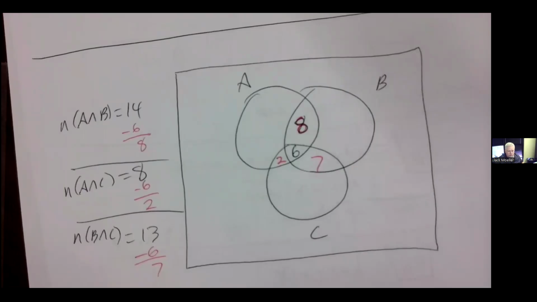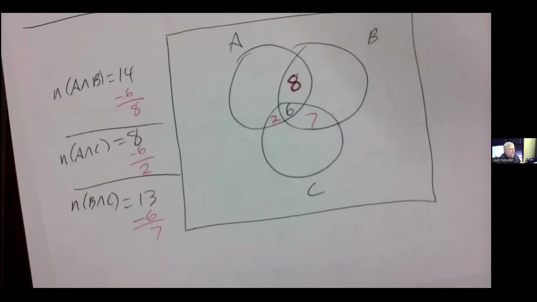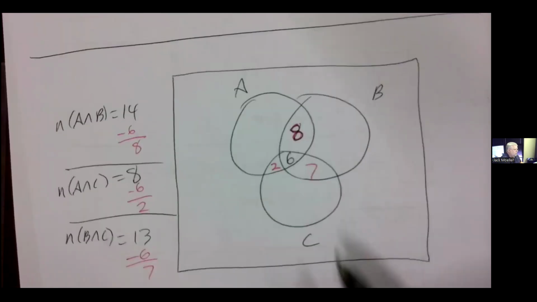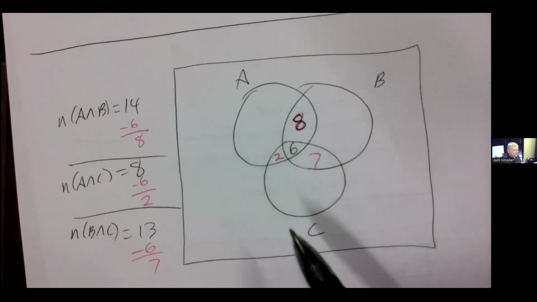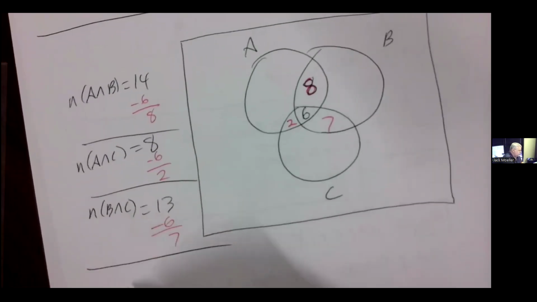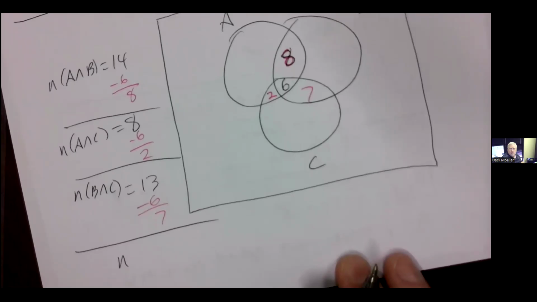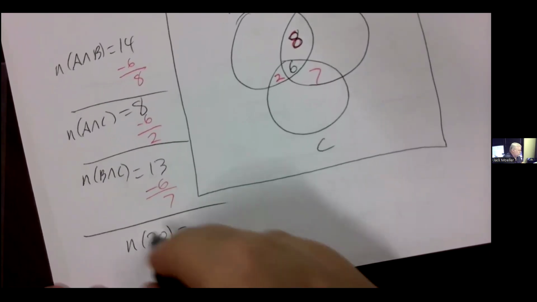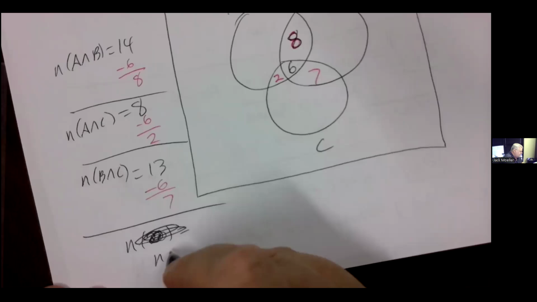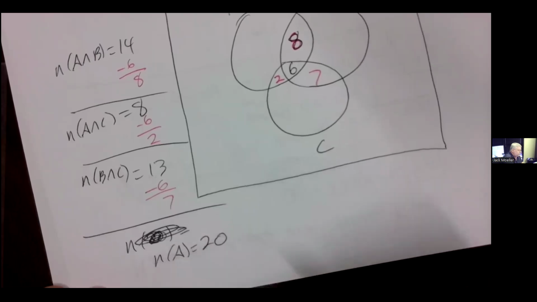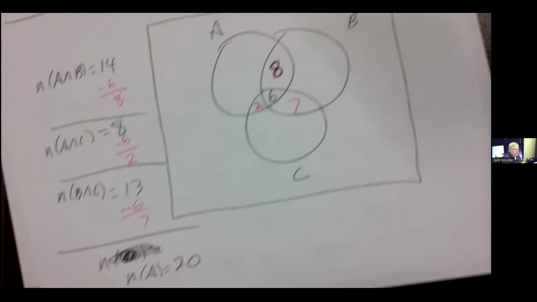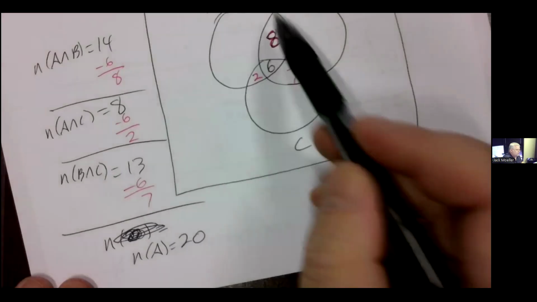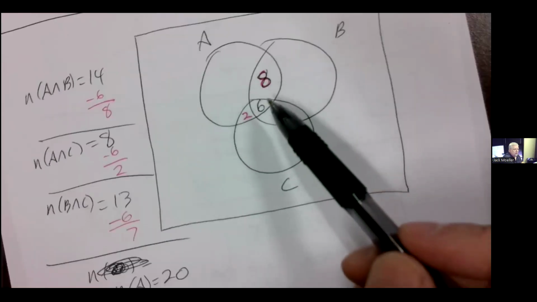You know, to take into account the ones that you've already accounted for. So now we can do the A, B, and C only regions. And so what do we know about A? Number of A is 20. And so we know in A, it's those 4 regions, that's the entire circle.